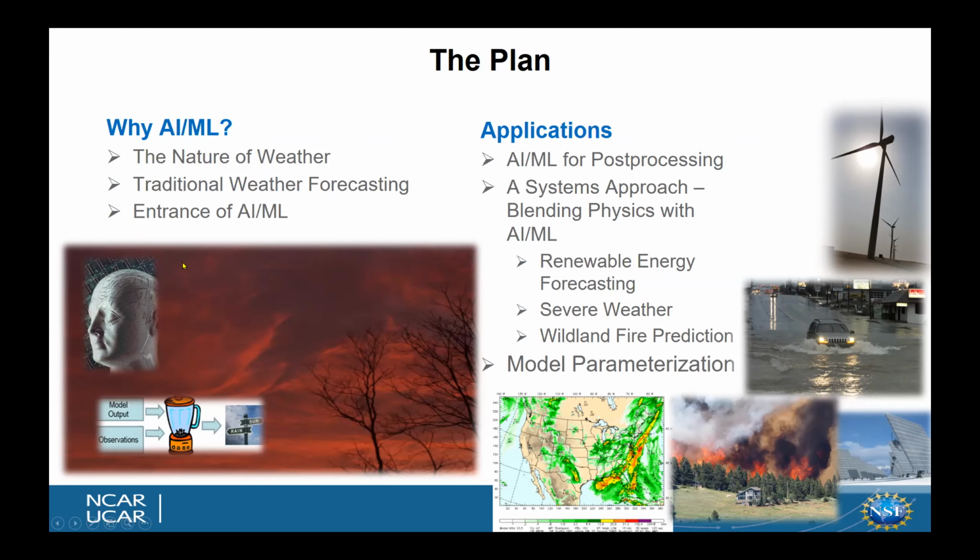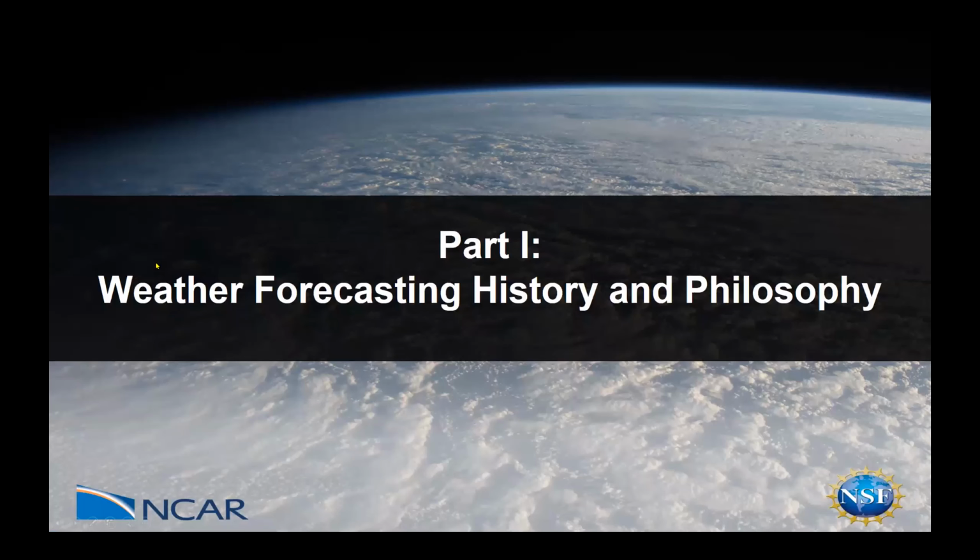We'll look at how we can use a systems approach to blend the best of the physics that comes with the NWP with the machine learning, and give some examples from renewable energy forecasting, forecasting for severe weather, forecasting for wildland fire prediction, and then we'll look at how we can use machine learning in parameterizing the models better themselves.